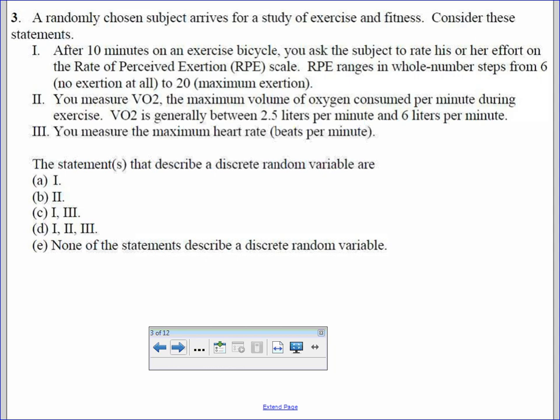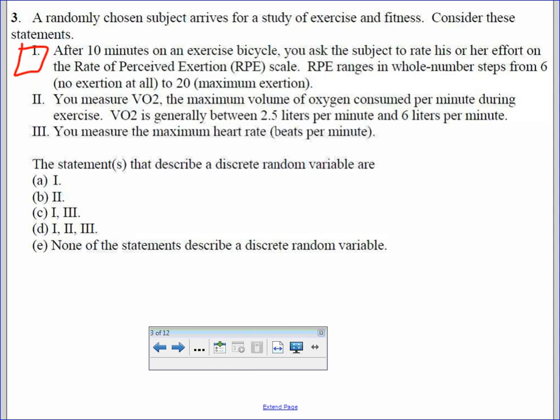Okay, so let's look at this real carefully. So the key expression is the students that describe a discrete random variable. So we would measure this for each subject, and at the end of it we would put a probability of getting each one of these.